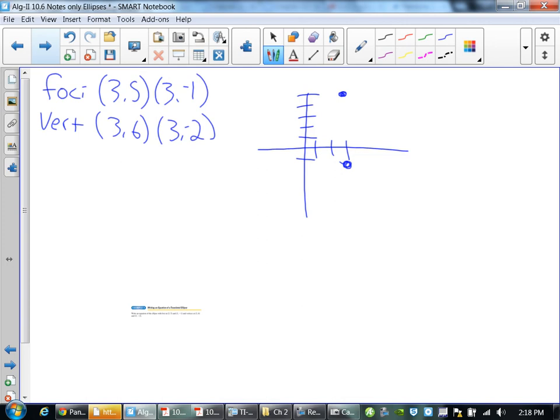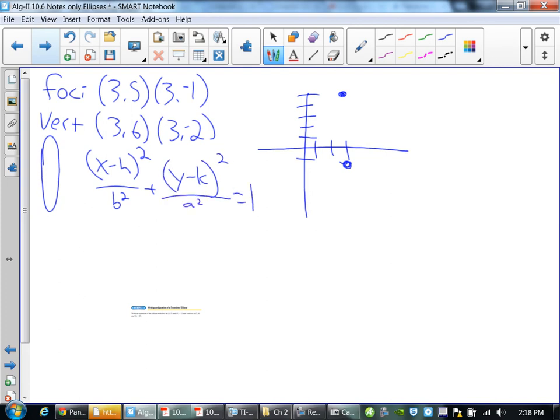Up and down. So what's the A squared going to be underneath? Y. Very good. So write it out. You know it's got to go like this. So plot the other value in. The other one is the vertices, at (3, 6) and (3, -2).